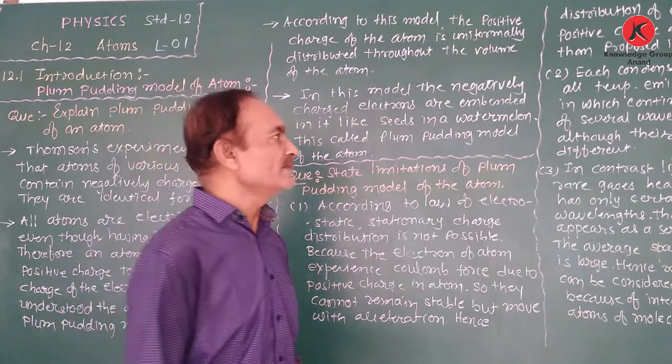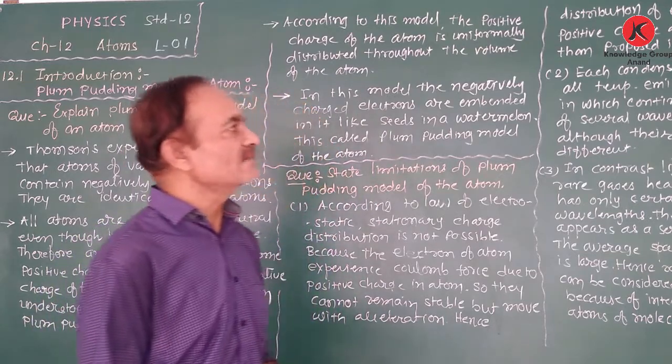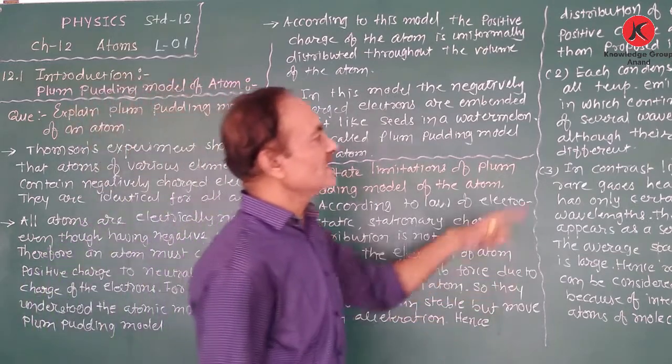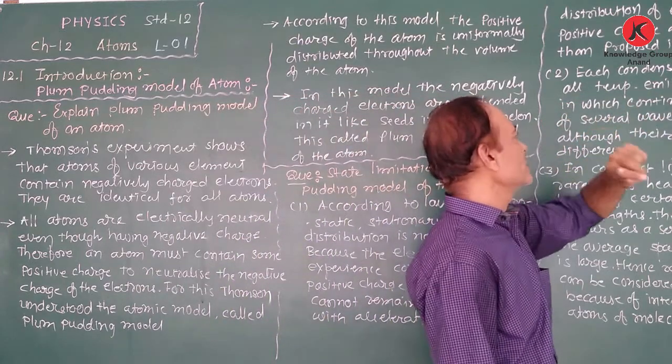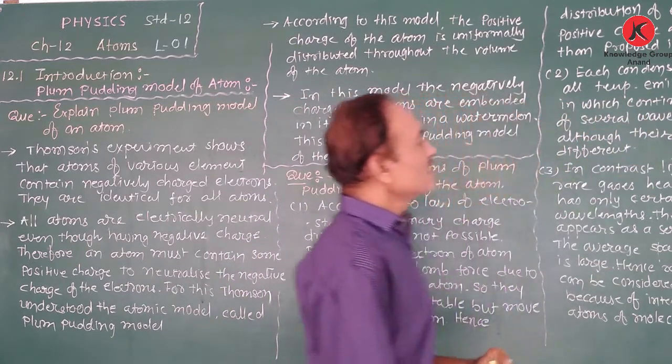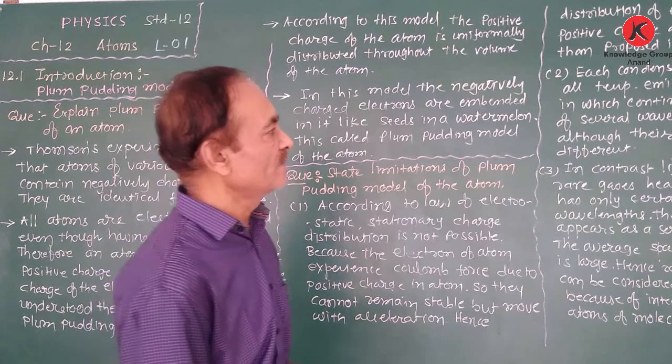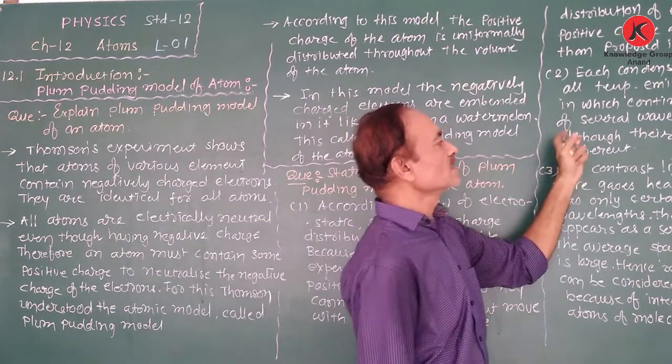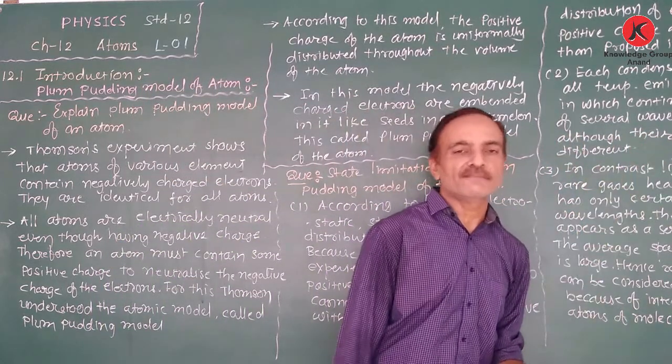Now the second limitation is that condensed matter at all temperatures emits electromagnetic radiation, in which a continuous distribution of several wavelengths is present, although their intensity is different.